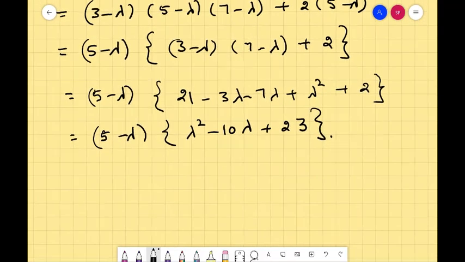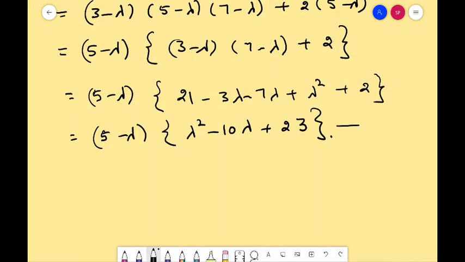So then what is the characteristic polynomial? This, let me call it 1. We will use it to find eigenvalues.